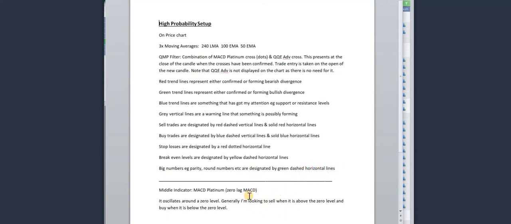The bottom indicator is the MACD Platinum. It's a zero lag MACD. If you don't know what zero lag is, I suggest you just Google zero lag moving average or something like that and it will explain what the zero lag does. So I'll show you on the charts when we get to it. As I said, you can read that, take a screenshot, pause the video. Let's get onto the charts.